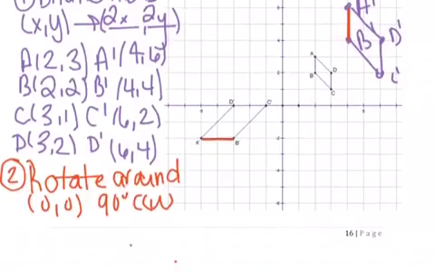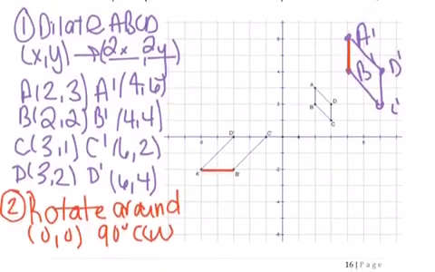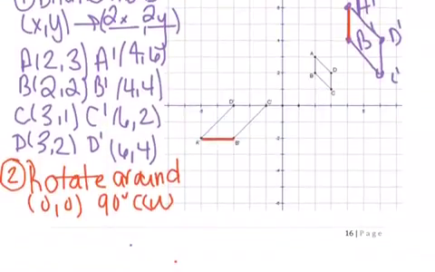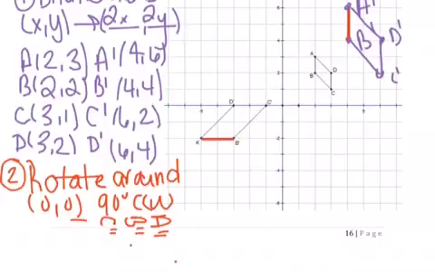Okay, so take your paper and turn it 90 degrees counterclockwise, and you are then going to list your coordinates. I'm going to find A double prime, B double prime, C double prime, and D double prime.